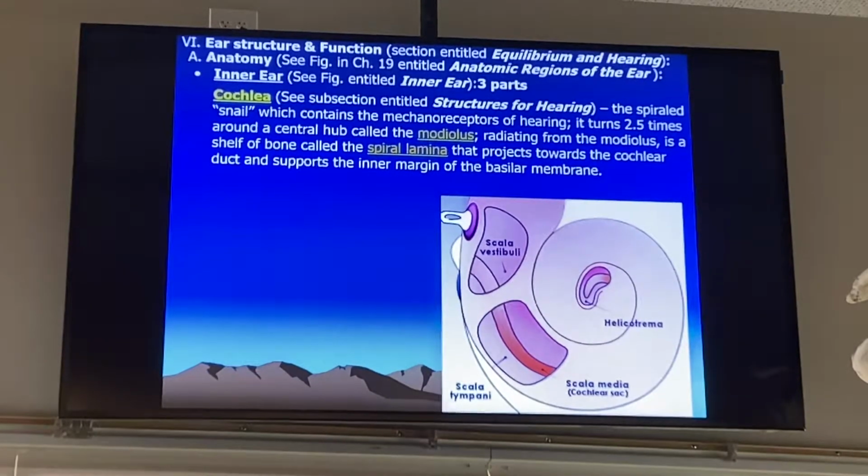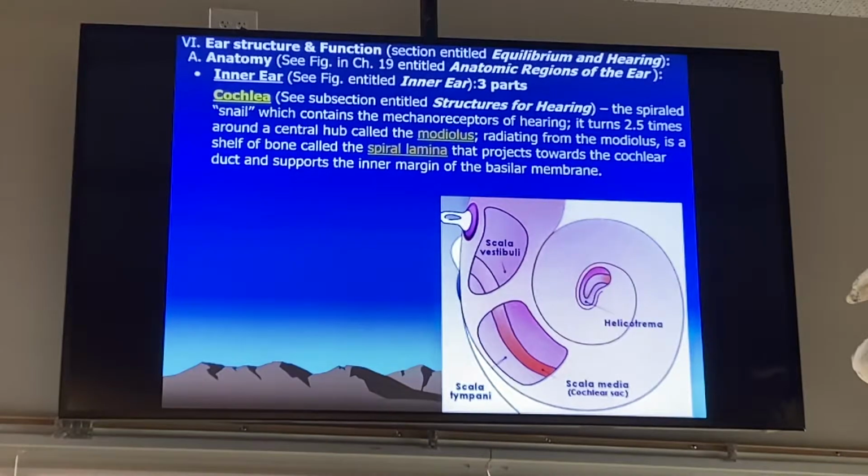All right. So the cochlea, it looks like a snail. These chambers are rotating around the hub 2.5 times. The name of the hub is the modiolus. Part of the osseous labyrinth that spirals and radiates out of the modiolus is called the spiral lamina.